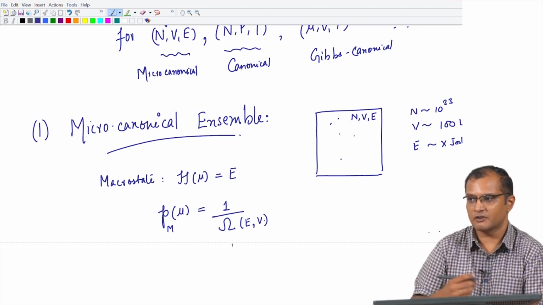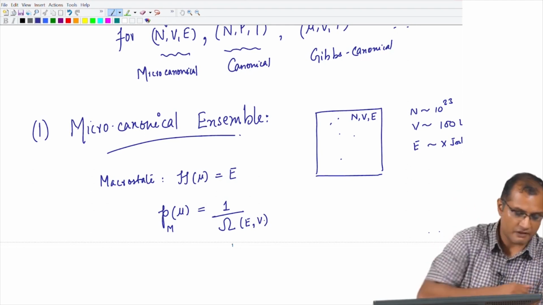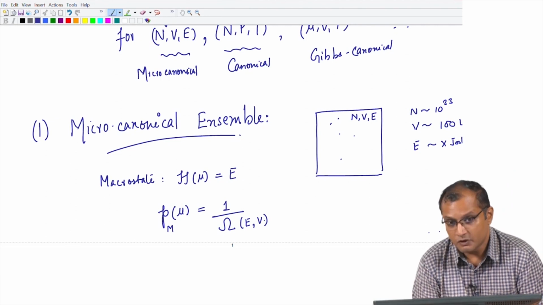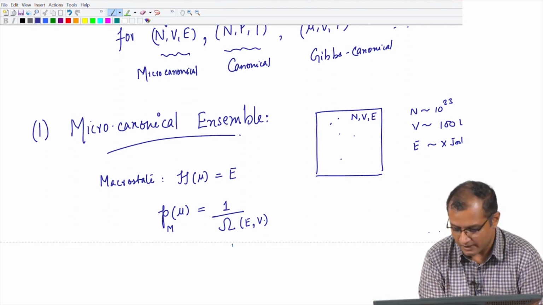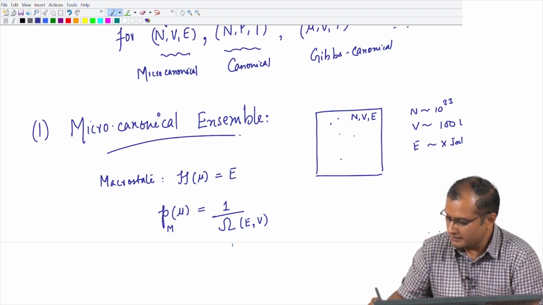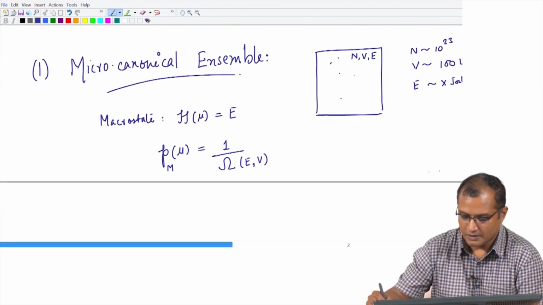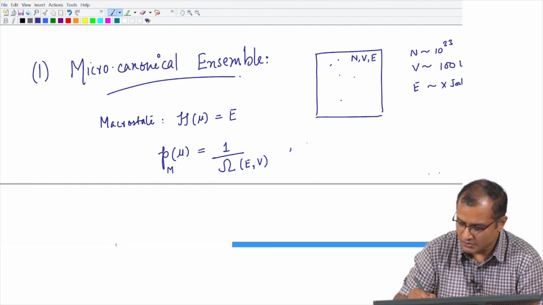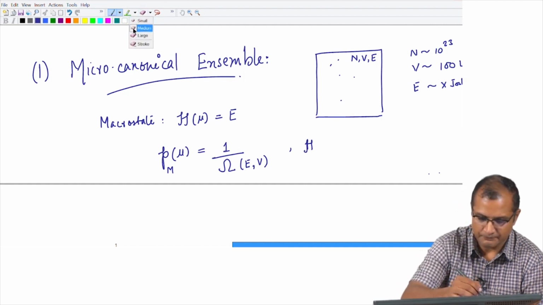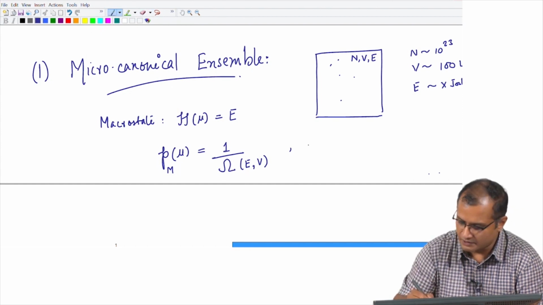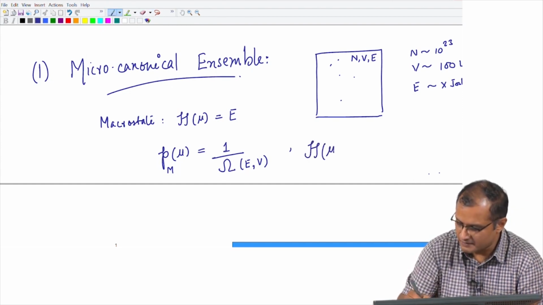So, if I increase the number of particles, or if I increase the volume, then the number of accessible states will also increase. And this holds as long as your Hamiltonian is equal to the specified energy.